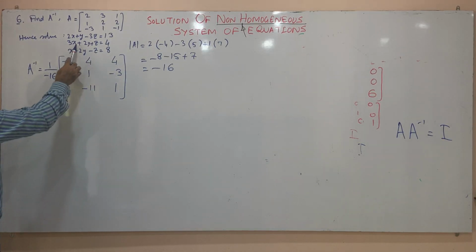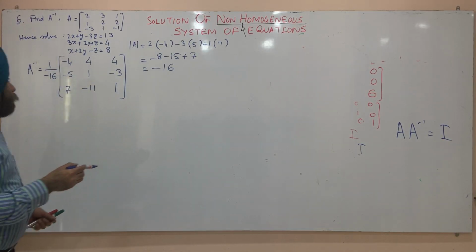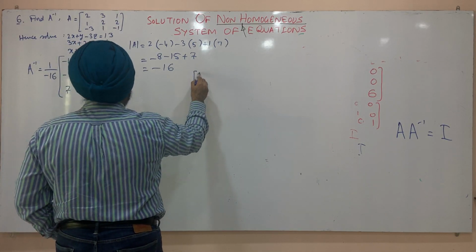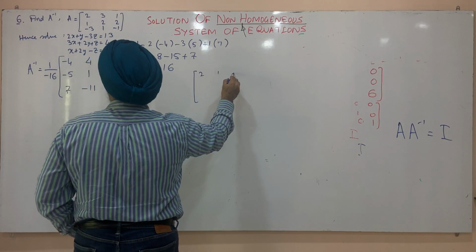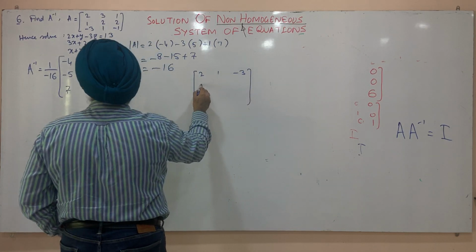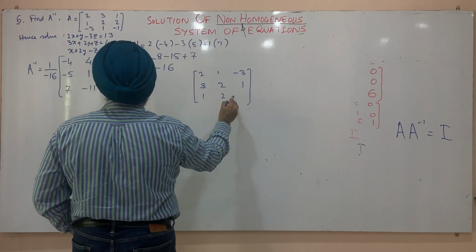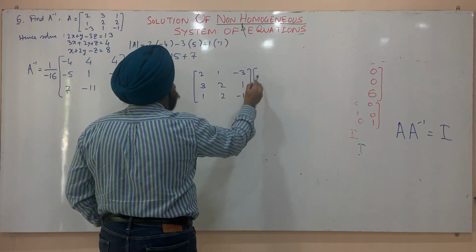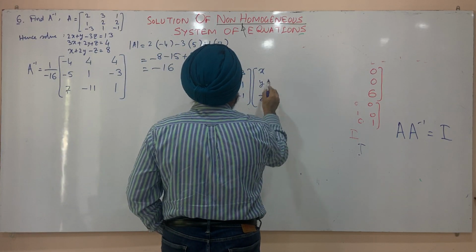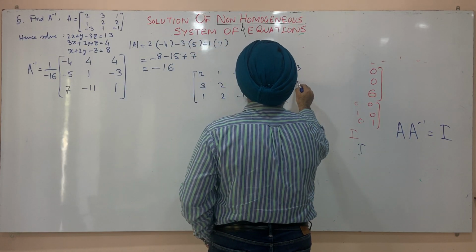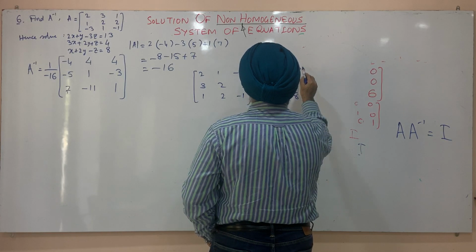Now to solve this non-homogeneous system of equations, let us write this in matrix product form: the matrix with rows 2 3 1, 1 2 2, minus 3 1 minus 1, then x, y, z, equals 13, 4 and 8.